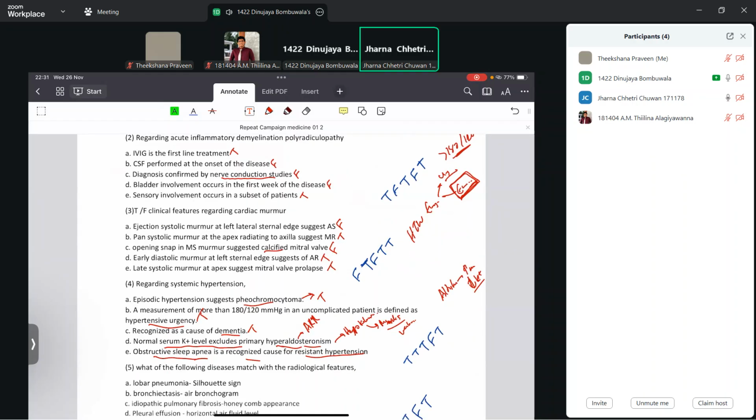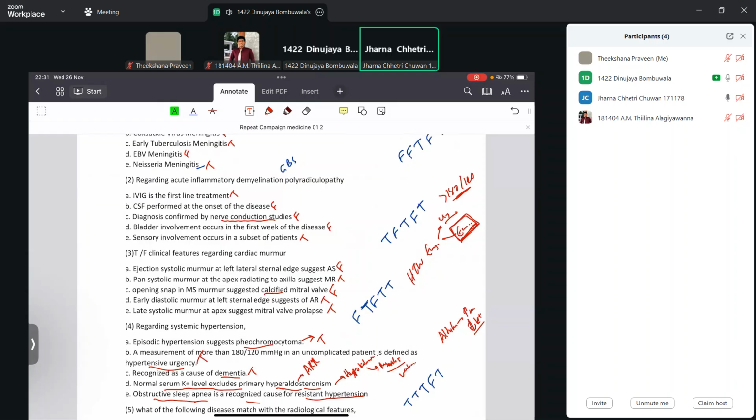After using two or more drugs for some period of time, I forgot. Usually it's when the patient is on maximum tolerance.